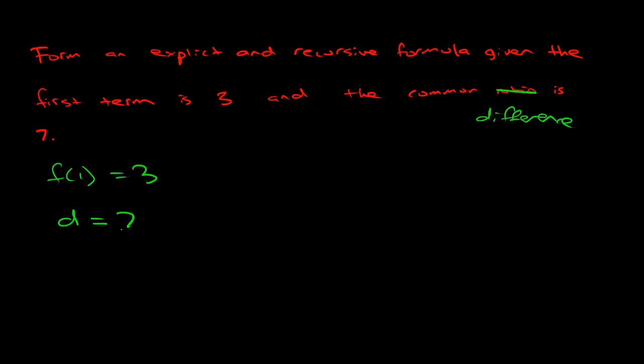So let's write our explicit rule. F of n is equal to the first term, 3, plus d, 7, times n minus 1. And this is it. Now we can find any term in this sequence.